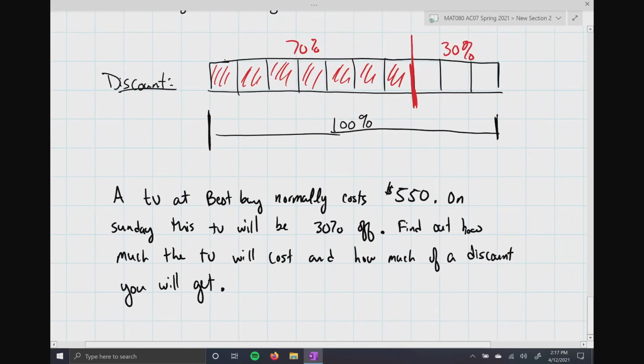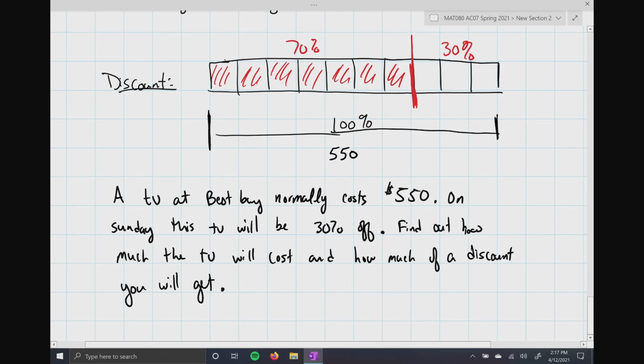All right, so first things first. When Best Buy puts the price on the TV, they're saying this is what the price is. That's 100% of what we're selling it for. So if you walked in, you're paying $550. However, if you wait till Sunday, it's going to be 30% off. Okay? So here's what we know right now. Visually, I know this TV, 100% of the cost is $550.